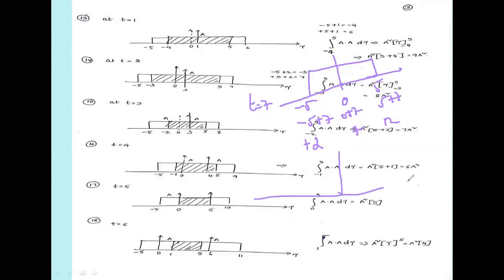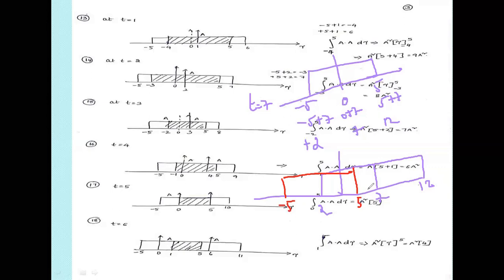Now the graph looks like this: the value starts at 2, goes to 7, and then 12. So 2, 7, 12, and there is no change in the other signal, minus 5 to 5.